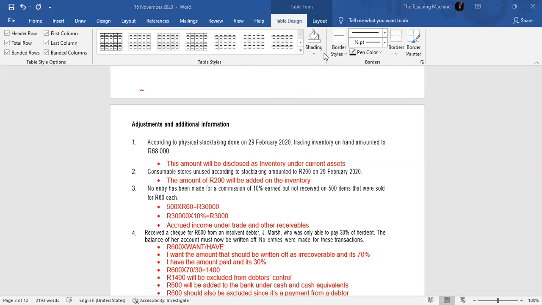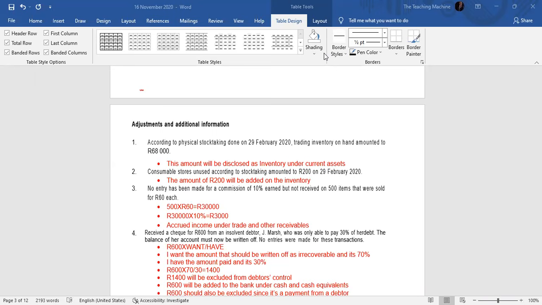Why is bad debt not 600? We only receive 600. Okay, why is bad debts recovered not 600? Since we only received 600 from her. We did not get the 1.4. Yes, we did not get the 1.4, hence we're going to record this 1.4 as bad debt.